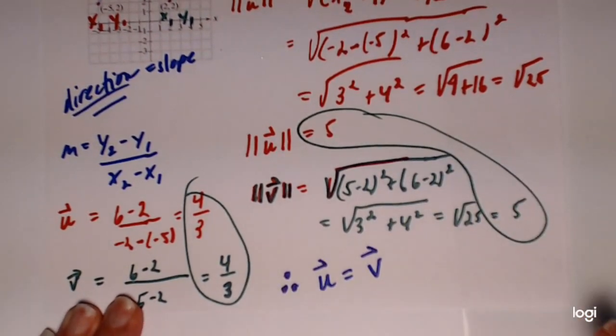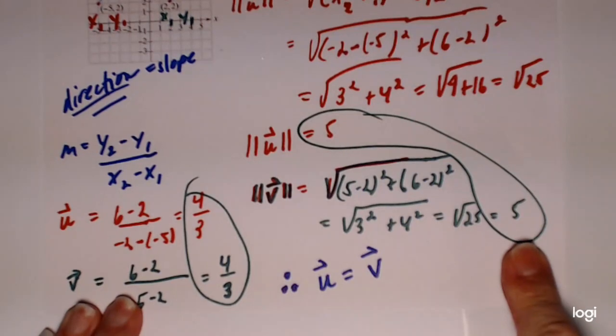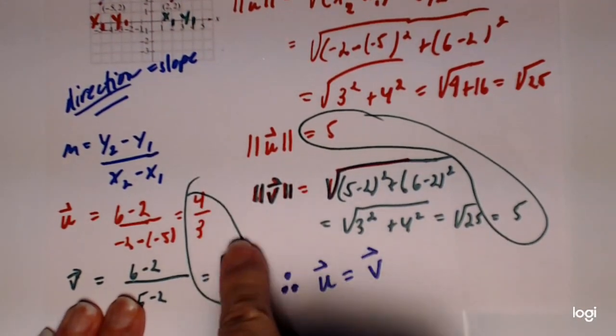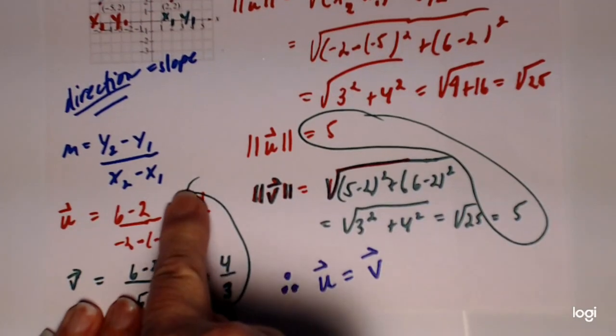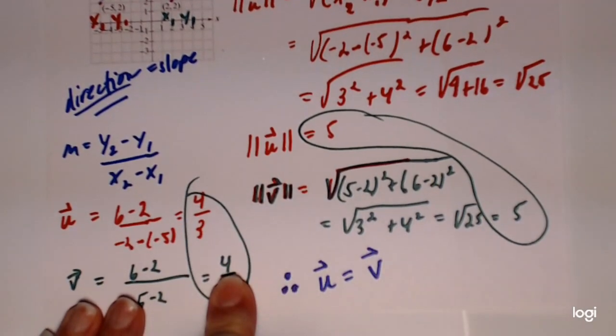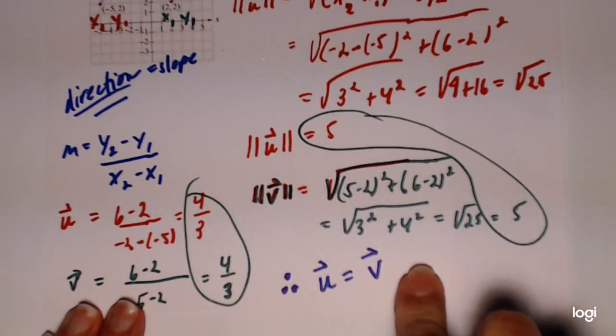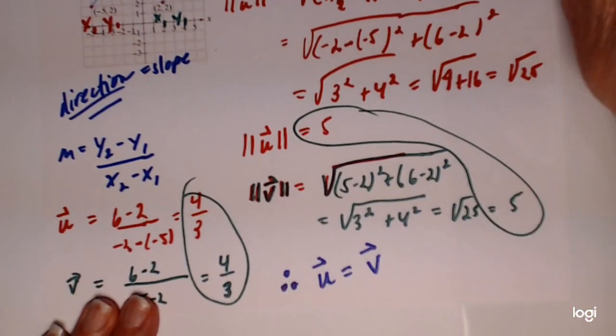If we had the same magnitudes, but say instead of 4/3 and 4/3, say this was -4/3, these directions would not be the same, and so these would not be equal. Both conditions have to be satisfied.